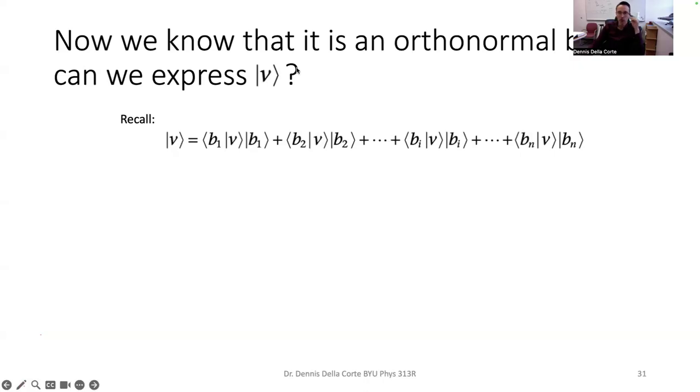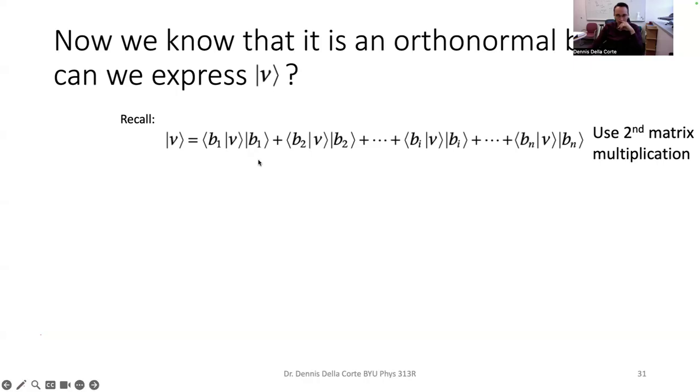Great. Now, if we know that we have an orthonormal basis, we should be able to express any vector v as a linear combination of these orthonormal vectors. And we can do that by calculating these probability amplitudes we've seen before. Now, if we think about this in our new appreciation of weighted column vectors, maybe we notice something.